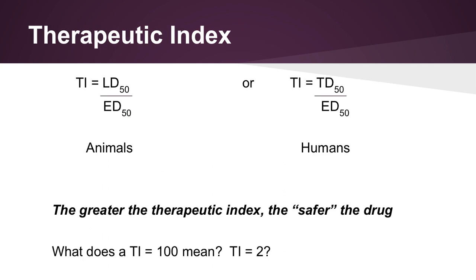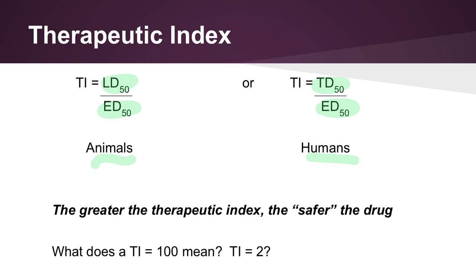If you have these measurements, you can then calculate a therapeutic index. And so the therapeutic index is either the LD50 or the TD50 divided by that ED50. So in animals, you'd use the LD, and then in humans, you'd use the TD. And basically, this index tells you if it's a bigger number, the greater the therapeutic index, the safer the drug.